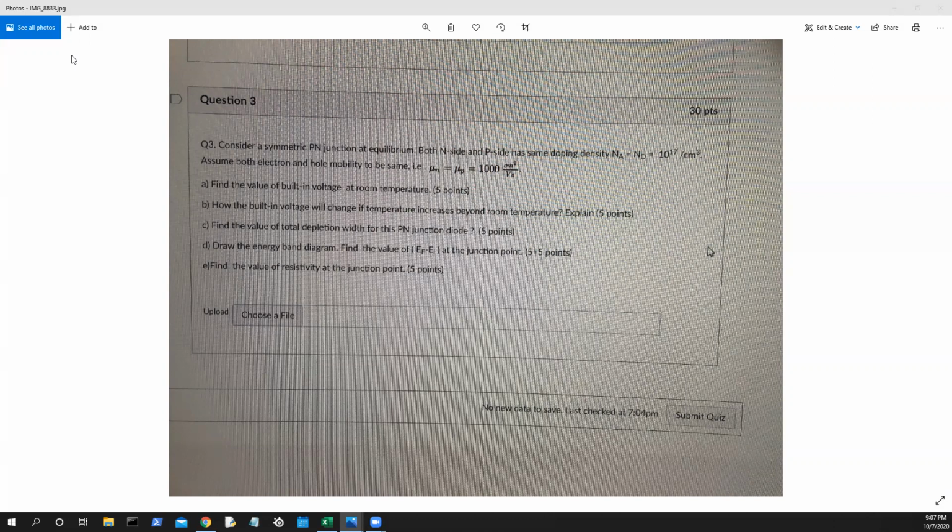Let me check something real quick to make sure. Yeah, it's 8.85 times 10 to the negative 14th, times 11.8. I did that properly and I got that value. I took that value and multiplied it by 2, correct? So let's take this instead.